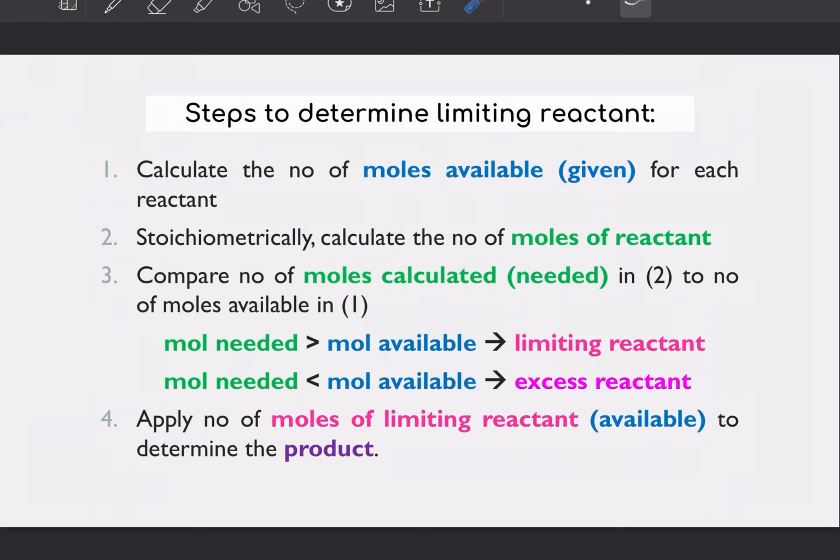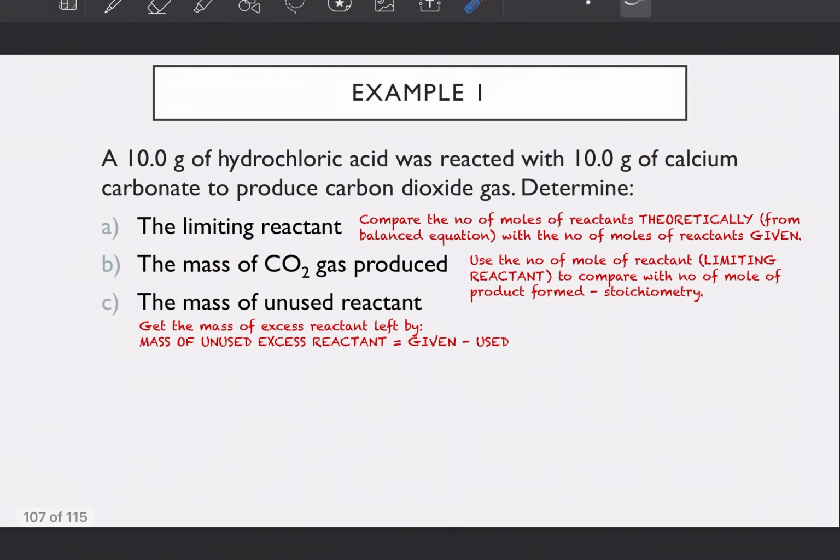Okay, if the mole needed is less than the mole available, maksudnya awak ada lebih of that reactant, mole dia lebih, then that will be your excess reactant. Okay, so once you know who is the limiting reactant, we are going to apply the number of moles of limiting reactant that is available to determine the product. Alright, so example 1.